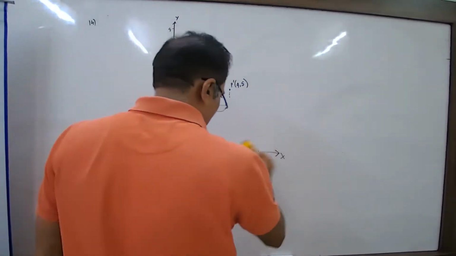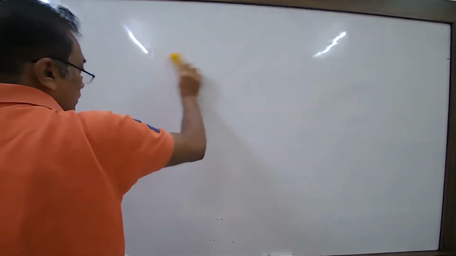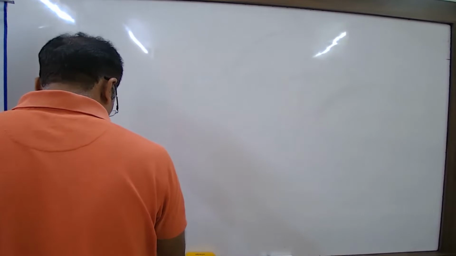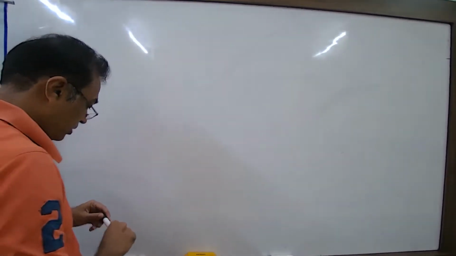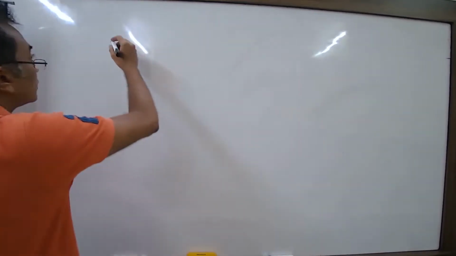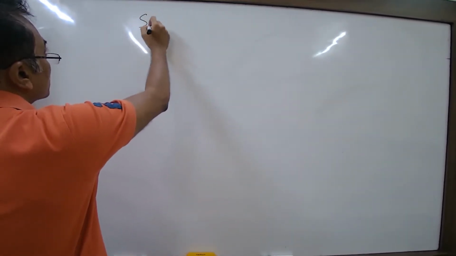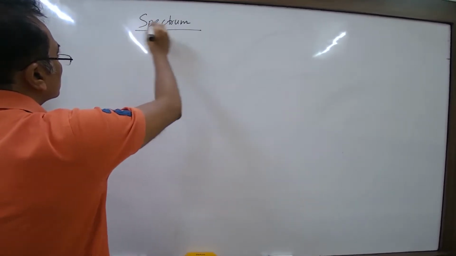So the first topic in spectrum is dispersion of light, which is caused due to deviation. Okay. So we're starting with spectrum. Which chapter is this? Chapter 6.